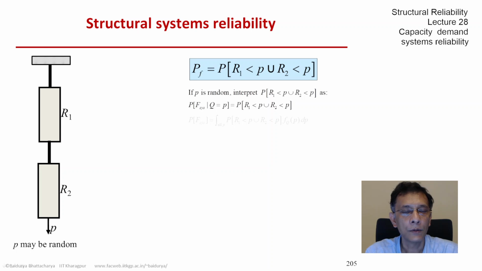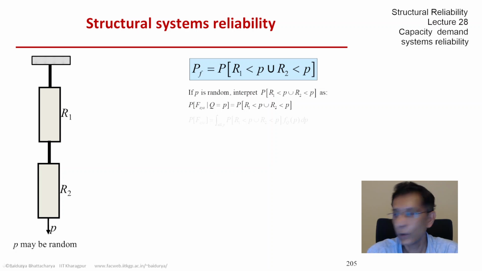So P of F sys given Q, the random load, has taken on an arbitrary value of P, non-random. That is what we have already seen, what we already discussed at length in the previous slide. We have done this sort of thing quite extensively in the last few lectures.